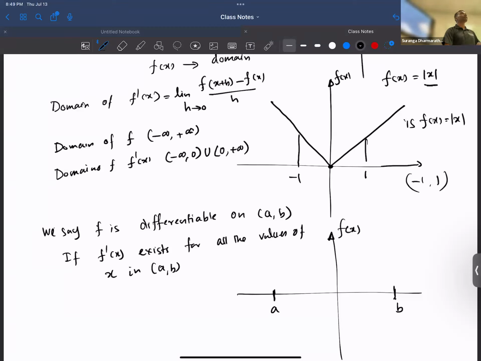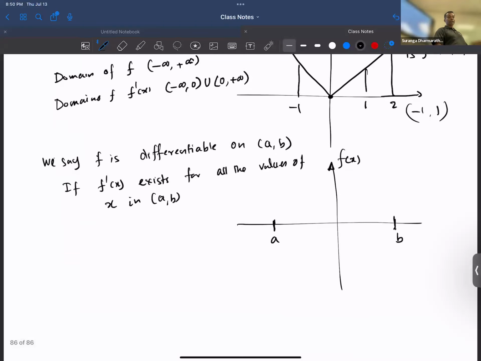So it is not differentiable between -1 and +1. But between 1 and 2, yes, it is differentiable. Now, we generally say f is differentiable if f prime x exists for all the values of x in the domain of f. These are some mathematical definitions that you might need.